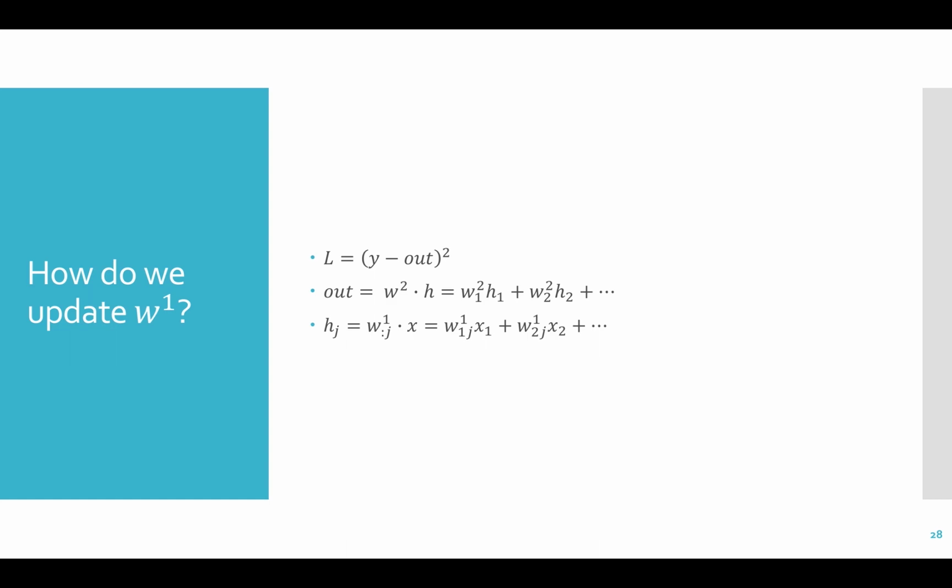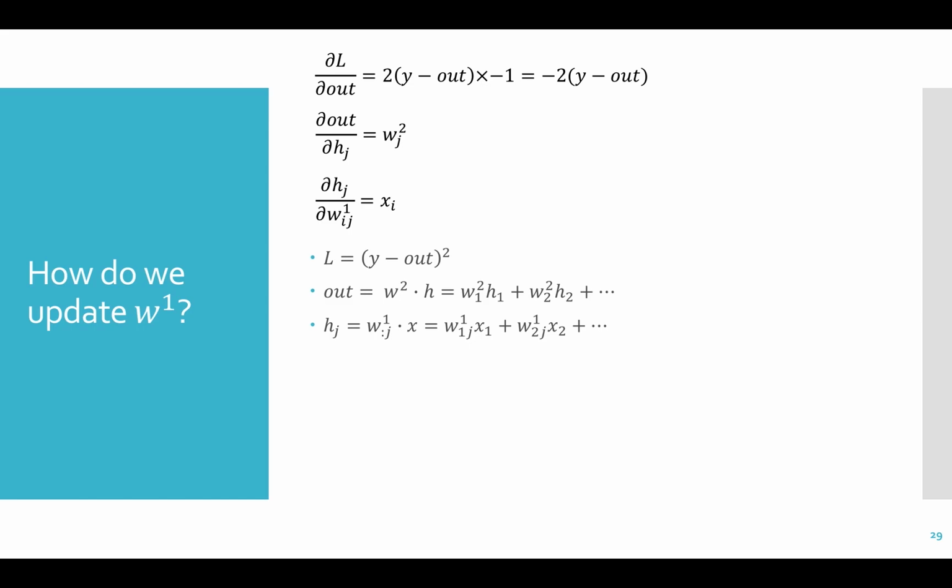We can use the chain rule to find the update for w1. We take the partial derivative of the loss with respect to the output and we get negative 2 times (y minus out). Then we take the partial derivative of the output with respect to h sub j, and we get w2 sub j.